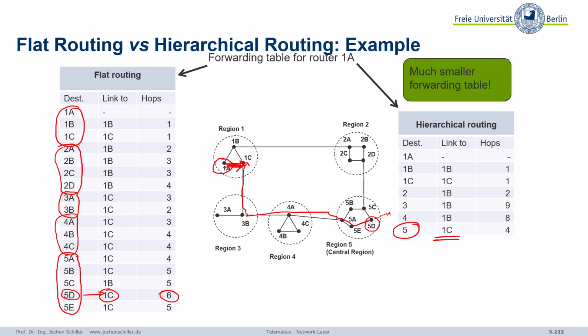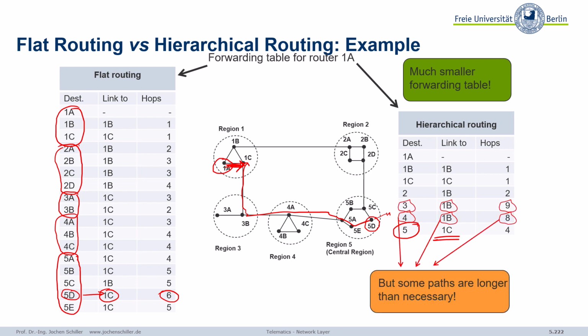Okay, but now there could be the case that paths are longer than necessary. Why? Well, the point is, you don't always know the internal structure. And in this very simple scheme, it could be shorter to take this path than to take that path to go to a very specific node inside region 5. But as we aggregate, we have to decide which way to go.